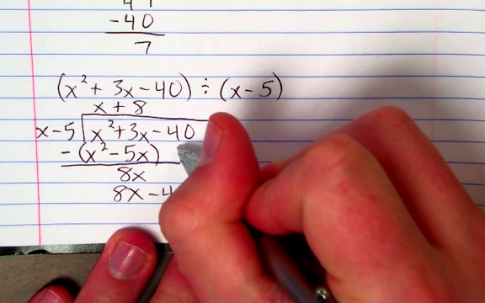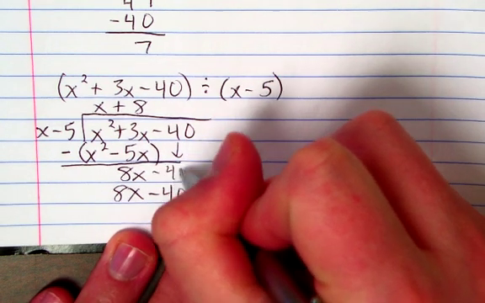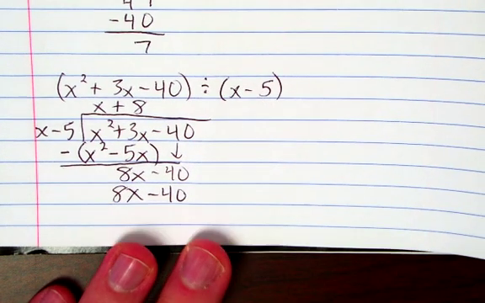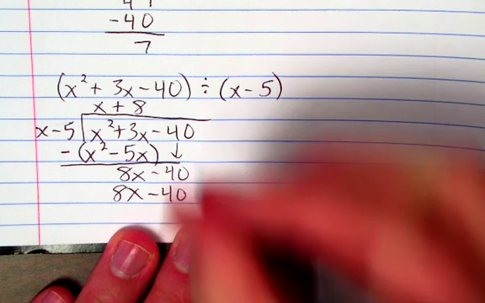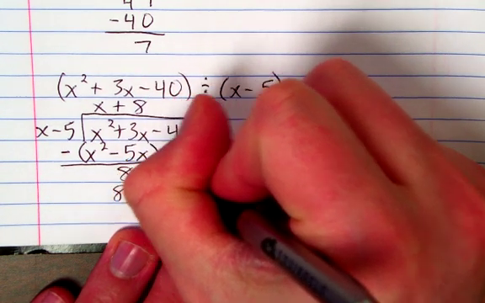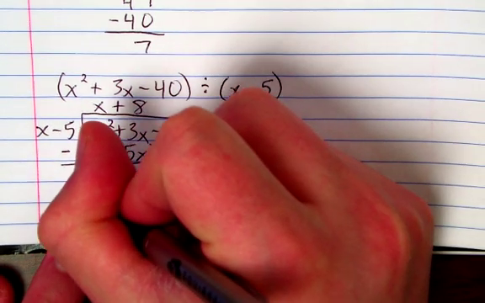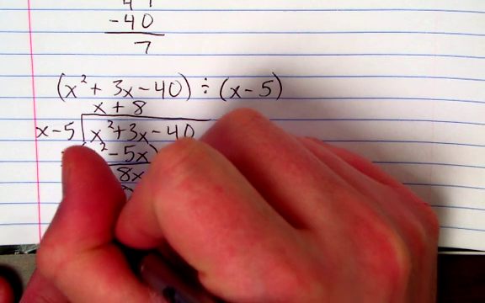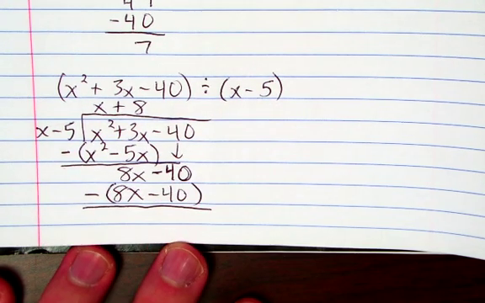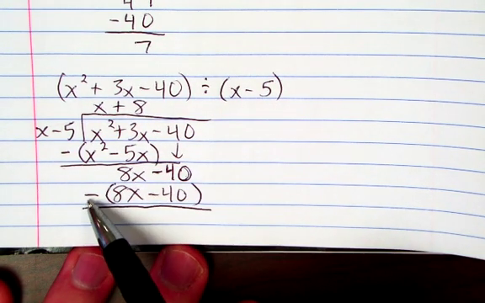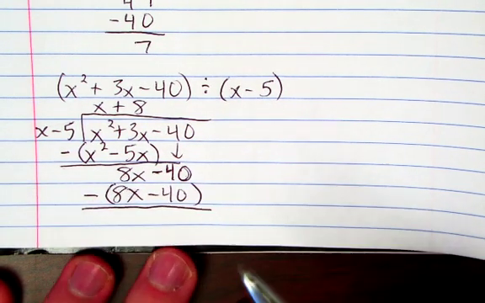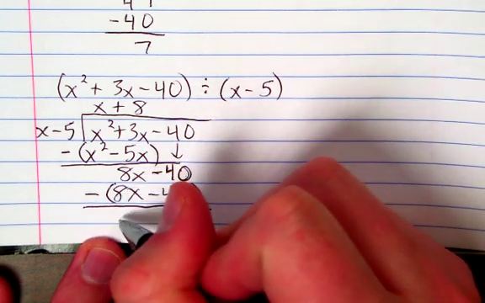Notice I will also be bringing down this minus 40 here, just like I did in the long division with the numbers. And now I'm going to subtract. 8x minus 40 minus 8x minus 40. Well, 8x minus 8x is 0.